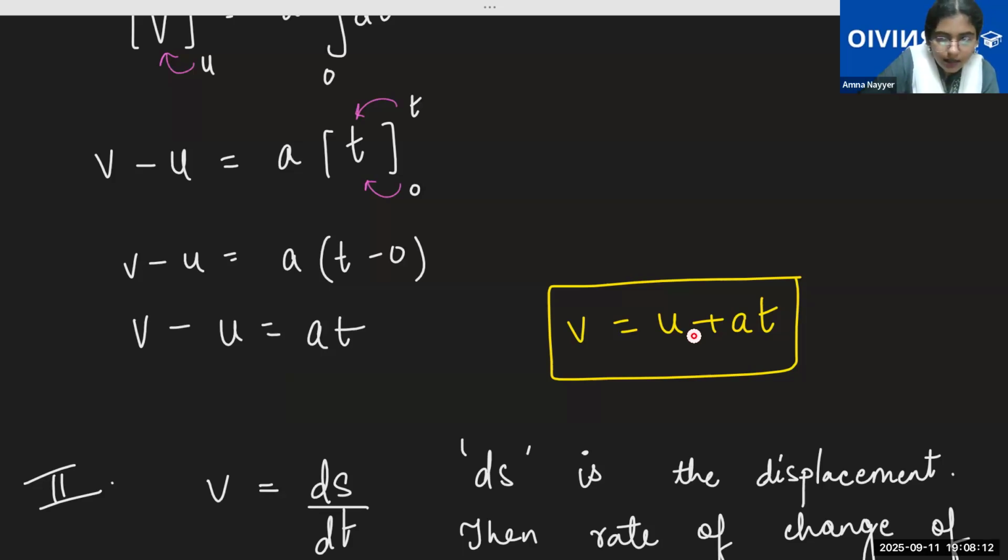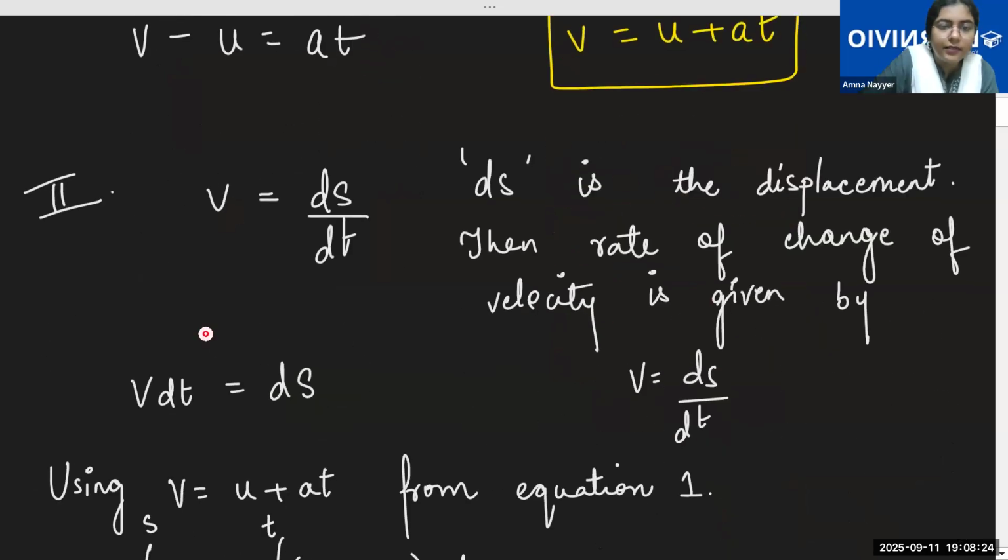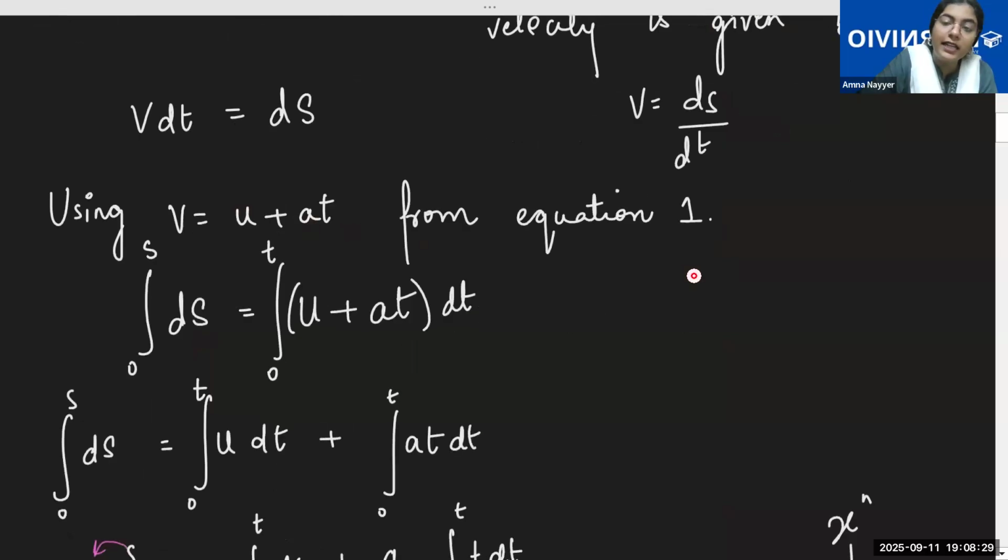Now for displacement, what we do for the second equation: v is equal to ds over dt. We know this. And if I want to write the equation of displacement, I'll write it again as ds is equal to v dt, like this. Now use this relation that you have got. Using v is equal to u plus at from equation 1 that we already have, if you put it here, you will get this.